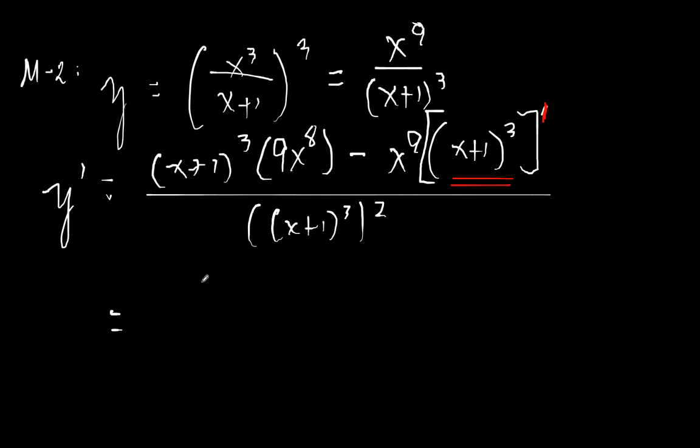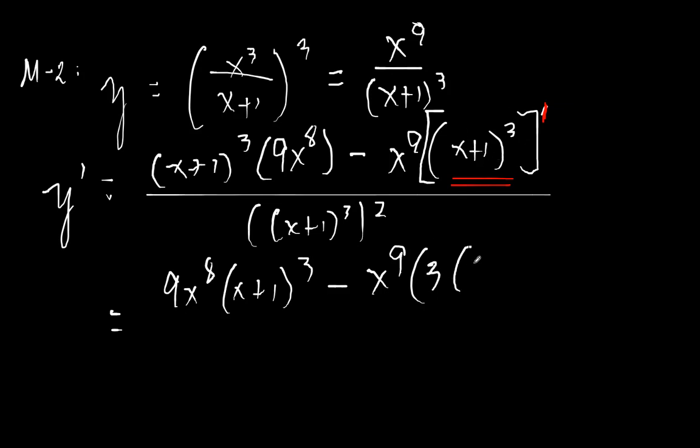So we can simplify this one. This is 9x raised to 8 times x plus 1 raised to 3 minus x raised to 9. And let's differentiate this x plus 1 cubed using chain rule. So we have 3 times x plus 1 squared. As we said, put the exponent as a coefficient and copy the base, then subtract the exponent by 1.